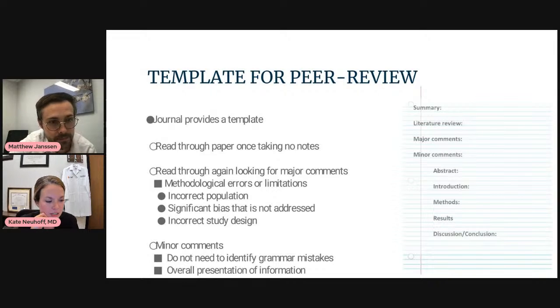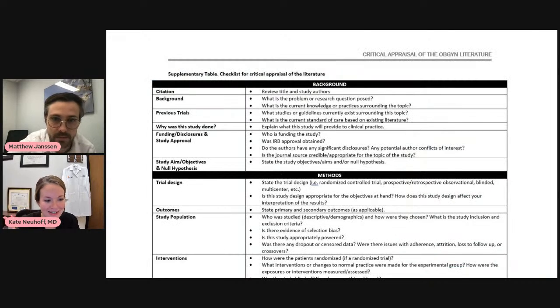Yeah, absolutely. Especially when you're first starting out doing reviews. And actually, I think on the next page, I share, if you think what Matt and I just said was still a little vague, and you want a really detailed review, we'll put the link to this paper, but Dr. Miller was on this paper, and it's basically a critical appraisal of a peer review. This chart's even longer than what's seen on the screen, but it really just walks you through it step by step.